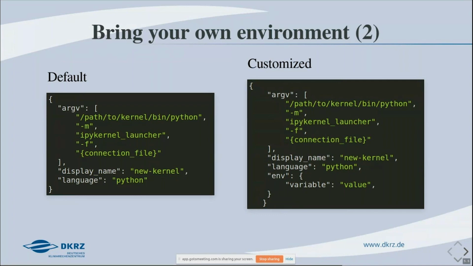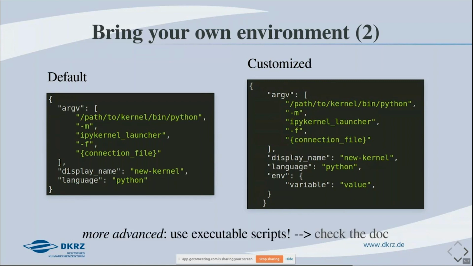There are other tricks to optimize this process, which are described in the documentation. For example, you can use an executable script. You create a script and put all the instructions that you need, for example, loading some modules or exporting some environment variables, and then you put it as a parameter in the argument in the kernel specification file.